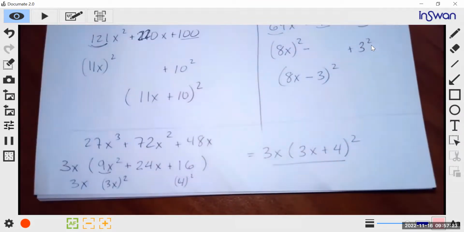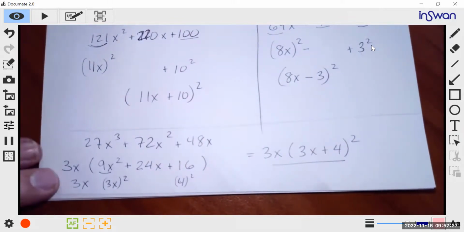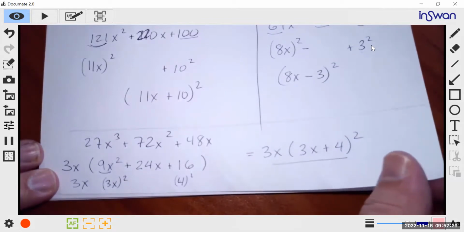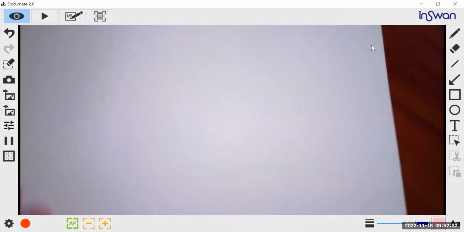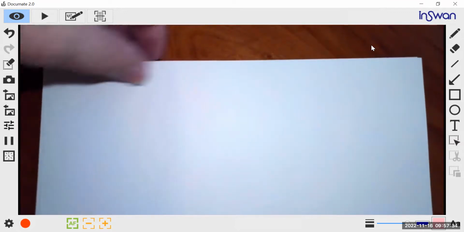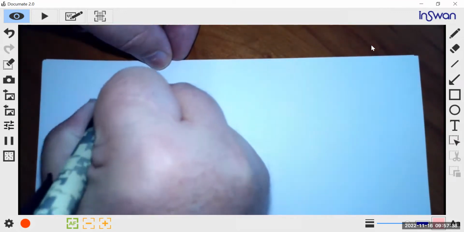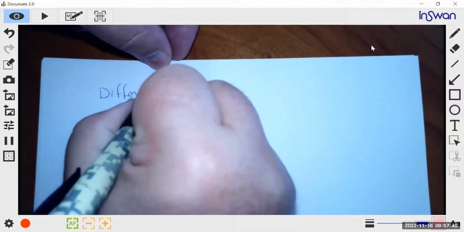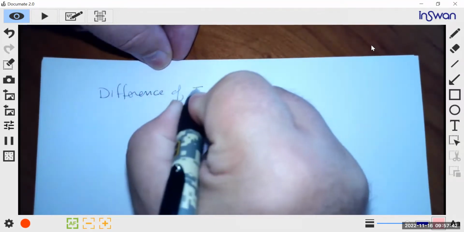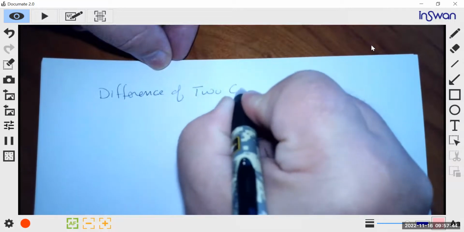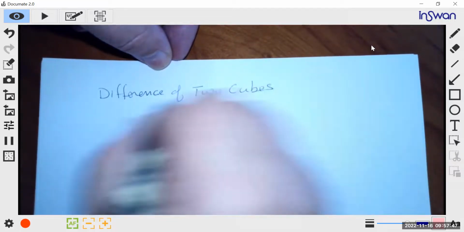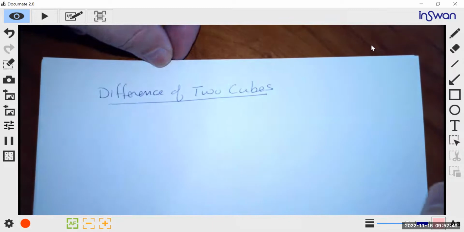Okay, so that's the difference of 2 squares and perfect squares. Let's go to the next larger ones, cubes. Difference of 2 cubes.